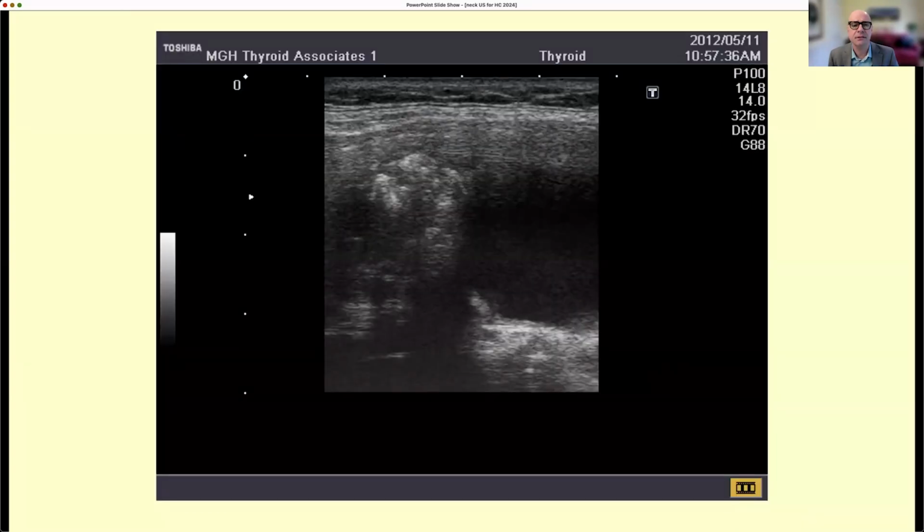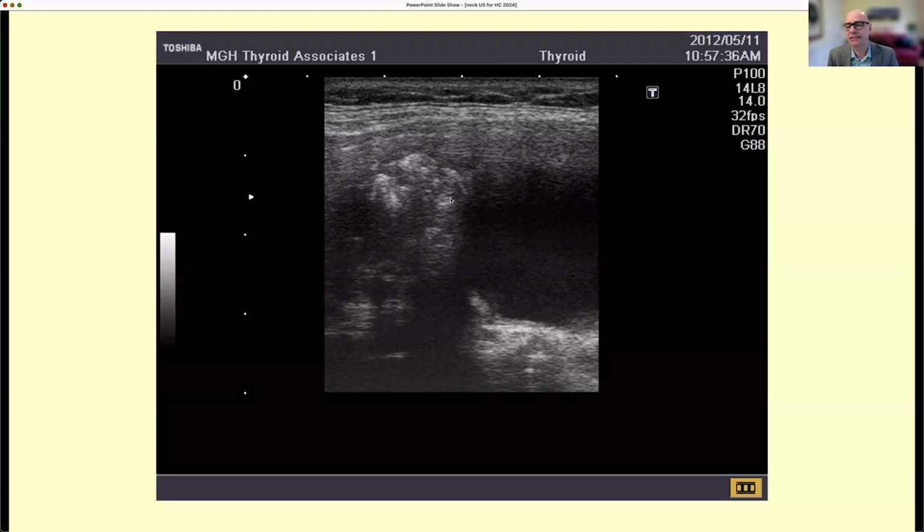Let's move through this one. Any takers on this one? Well, again, this is a bad picture. It's an old picture, but there are bright reflectors. They reflect echoes, but they also cause a shadow.